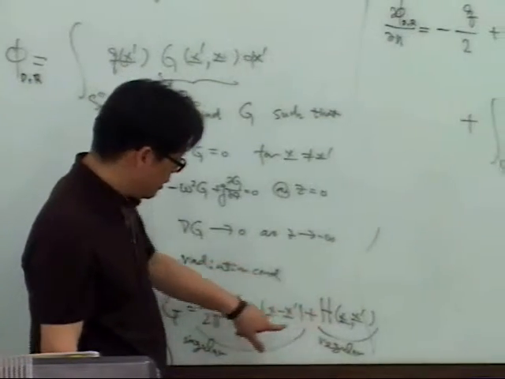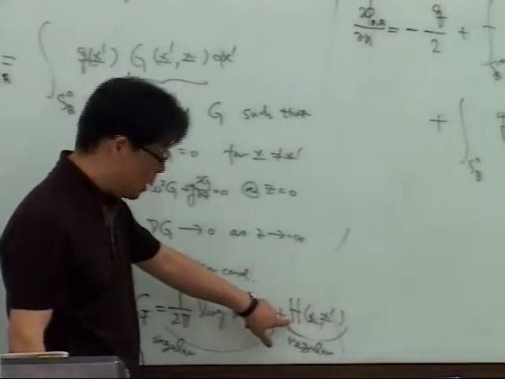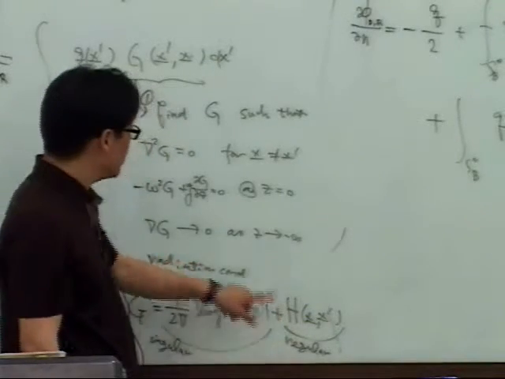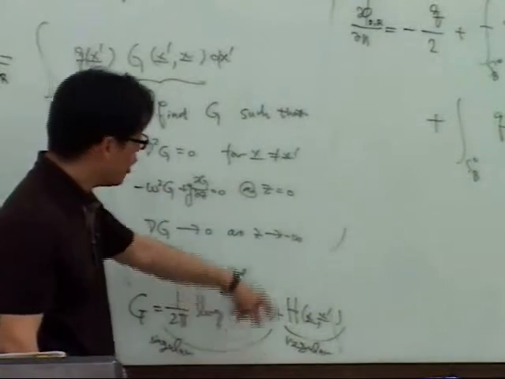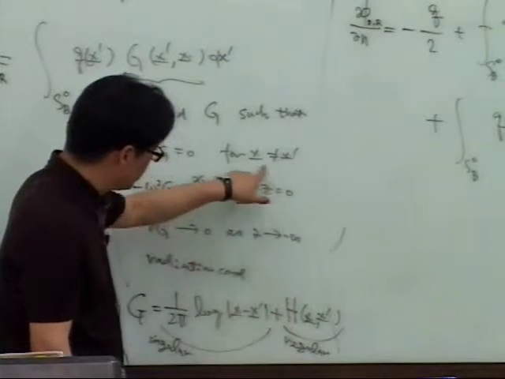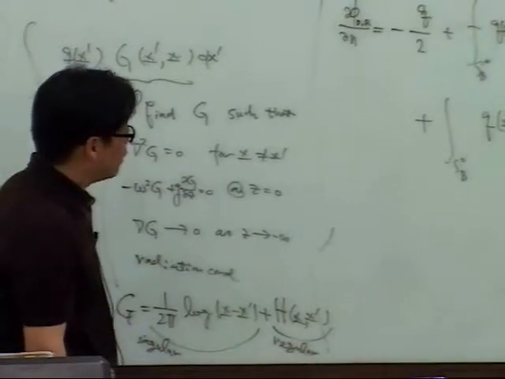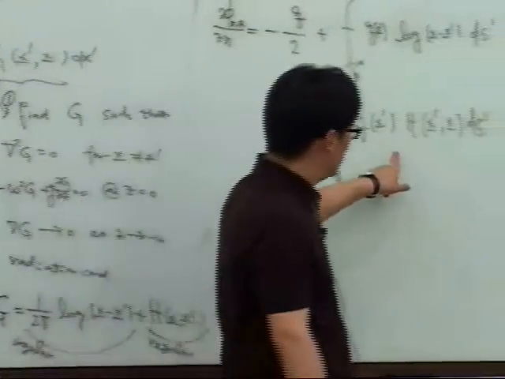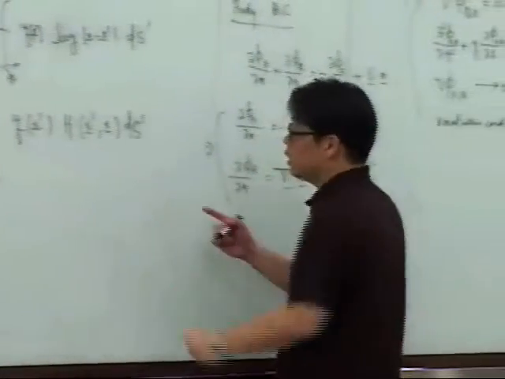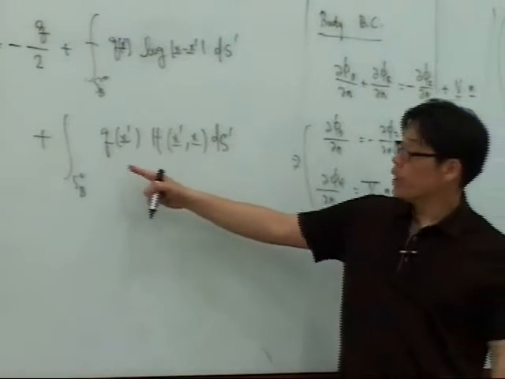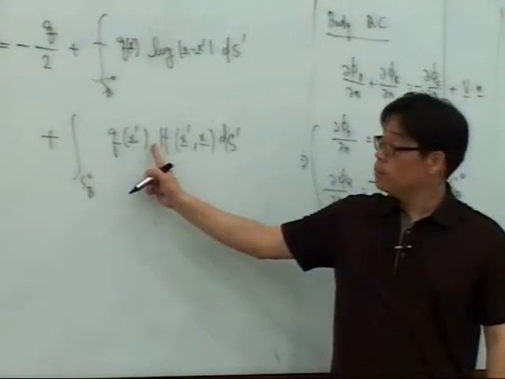Both satisfy Laplace equation, okay? But this guy is regular, meaning that there is no blow up. Even when x is equal to x prime, this guy has to be bounded, and therefore I don't have to worry about x approaching the body surface. Okay, so that's why I didn't do anything for this term.